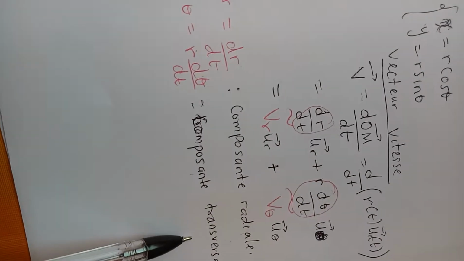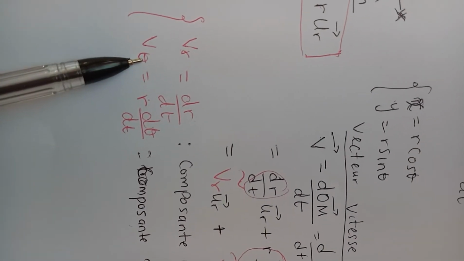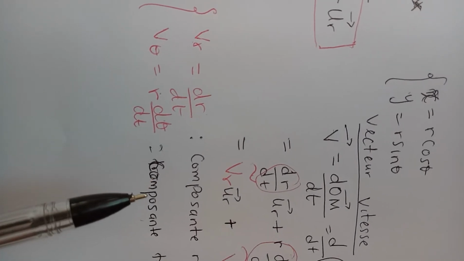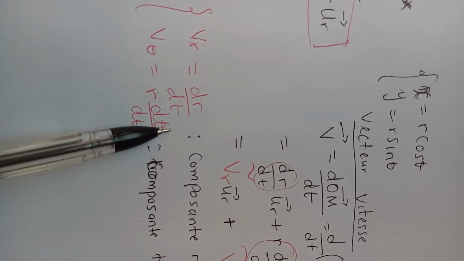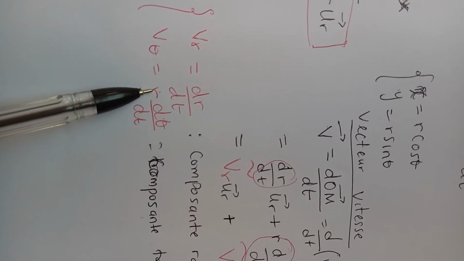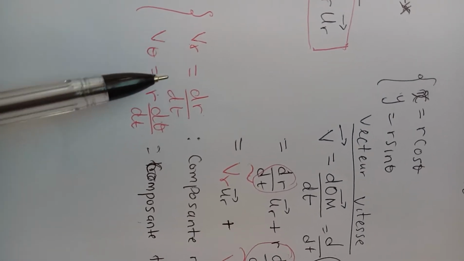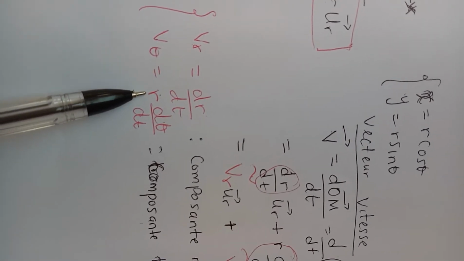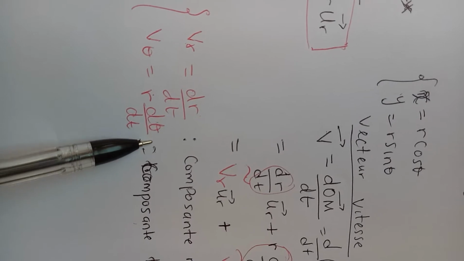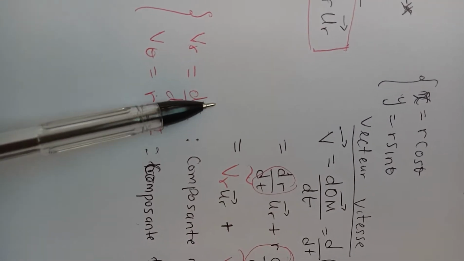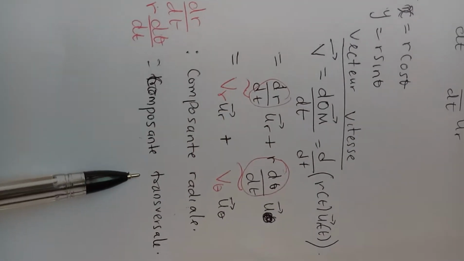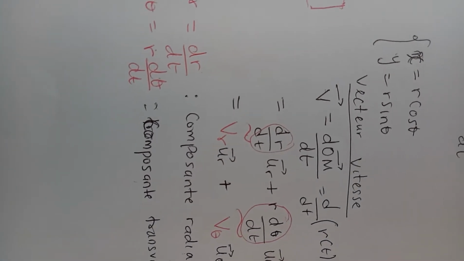For composant transversal, you'll be given an expression for theta as a function of time. You take the R that was given, replace it here, and then derive the theta that you'll be given at the beginning. That will be your composant transversal.